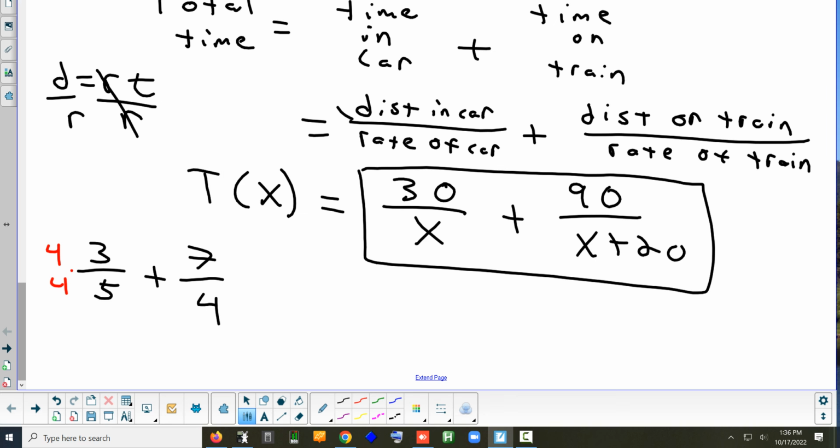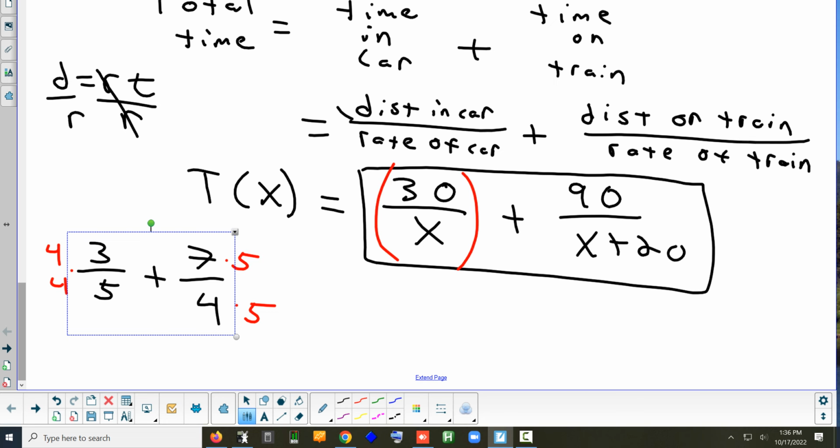To get a 20 over here, you can multiply by 5, which was the denominator that was over here. So you end up multiplying each fraction by the other denominator. We can do exactly the same thing there. Multiply each fraction, top and bottom, by the denominator that was in the other fraction.